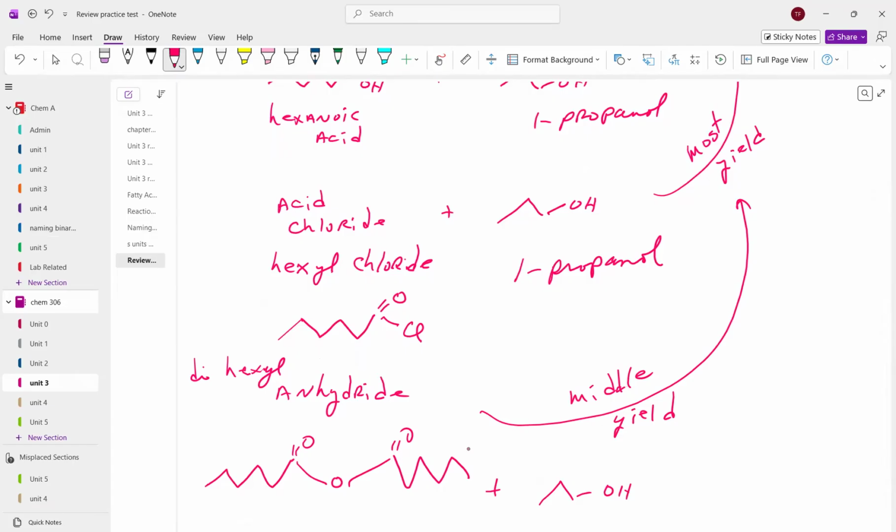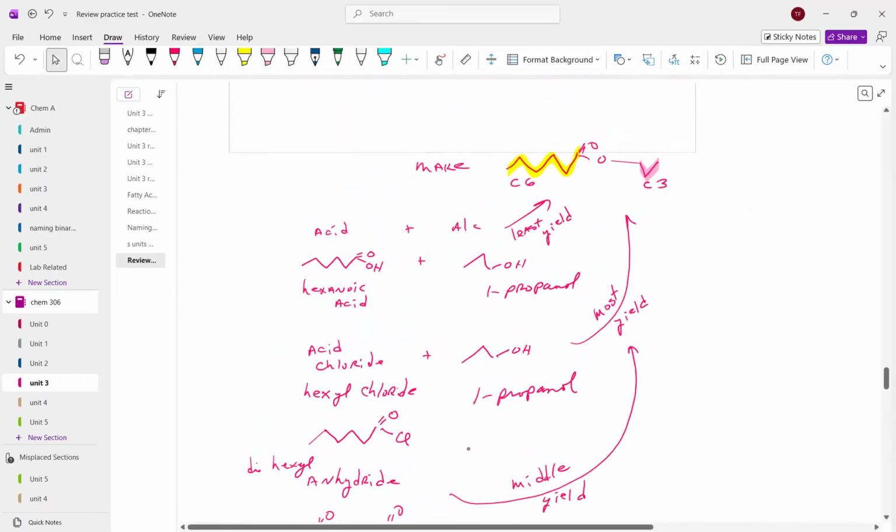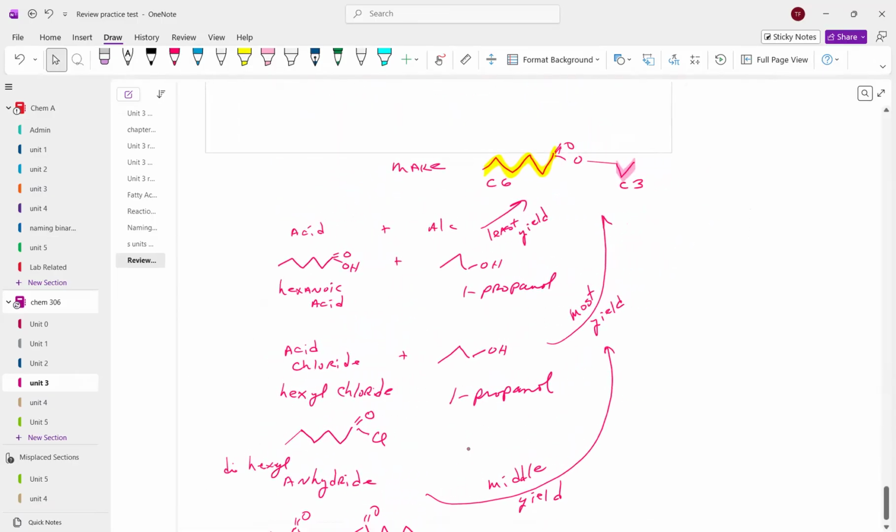So this will be dihexyl anhydride, propanol again, the 1-propanol, and that'll give us that same ester up here. So a question like this, you'll see Monday as well.